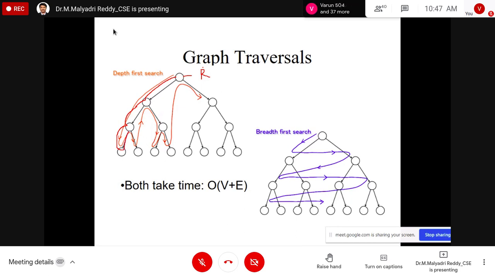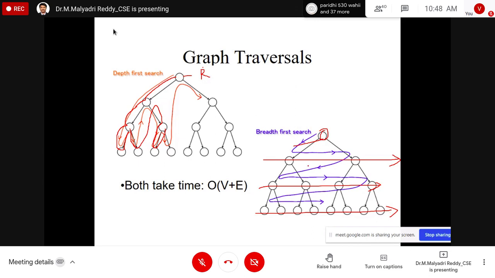If there is no left child, then we move to the right child. But in BFS, it is breadth first: the root, then its branches, then the next branches, like this.